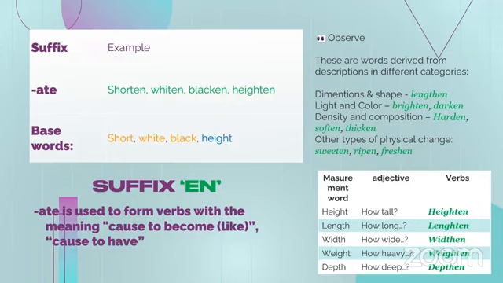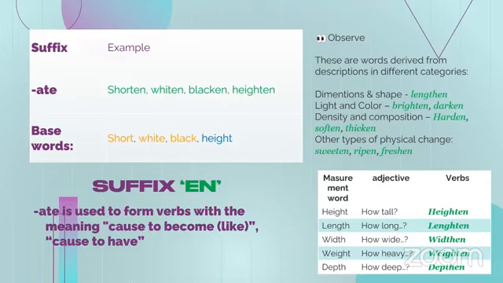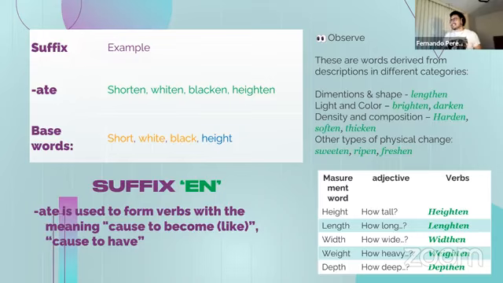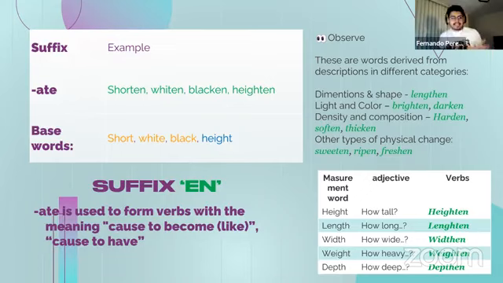I was running when clouds darkened the sky. Oh, that's a good example. Darken is a regular verb. Are you talking in present or in past? Yes, in past. And that's an additional thing.